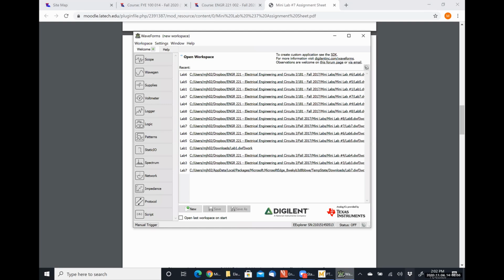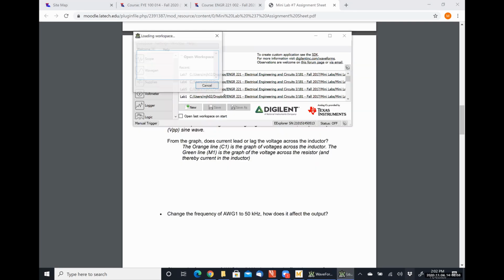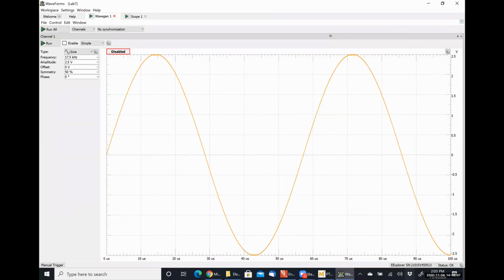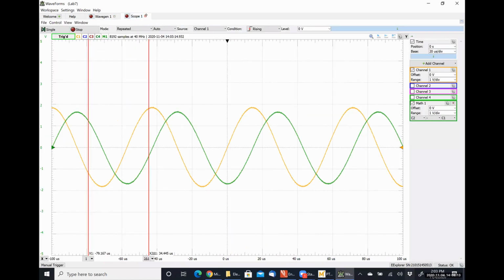So let's open up lab 7. Board power is off. Let's make this go. I wish I could make that thing go away. Wave gen, scope. Let's look at our scope. All righty.